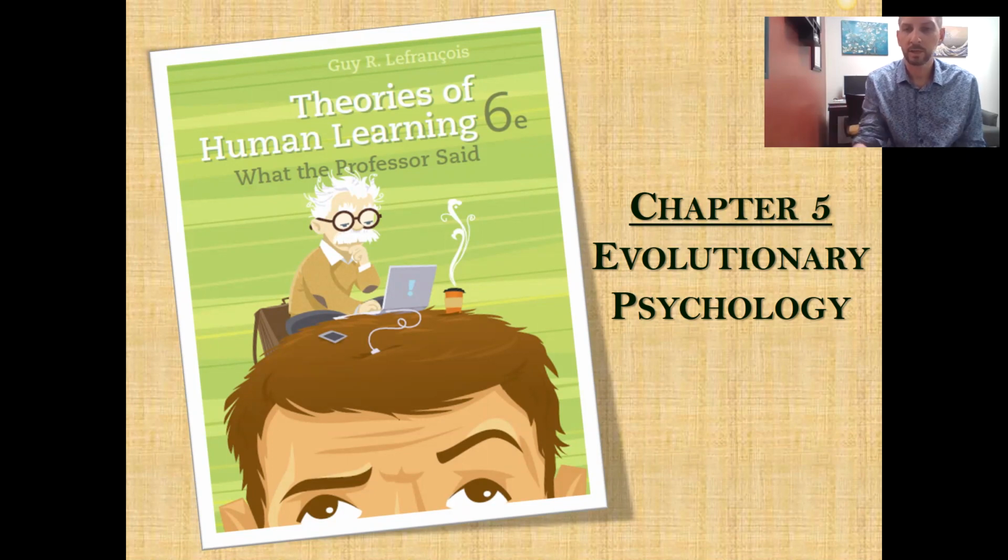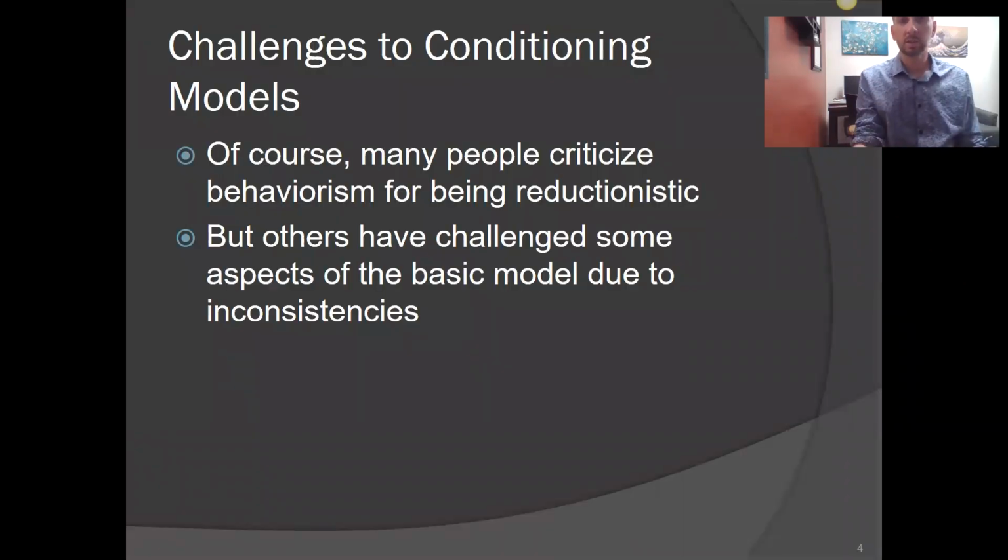But again, right now, what I want to do is look at how we think about the conditioning models, classical conditioning and operant conditioning. Now, of course, one part of the criticism of these models is that they're reductionistic, and that absolutely stands because they're reducing human behavior, animal behavior, to these very small elements, right?